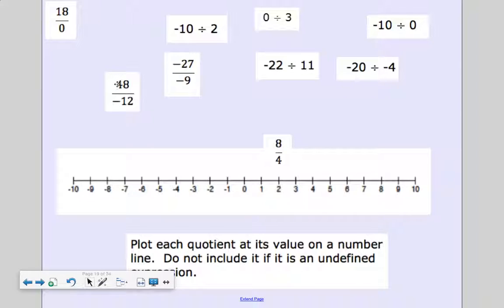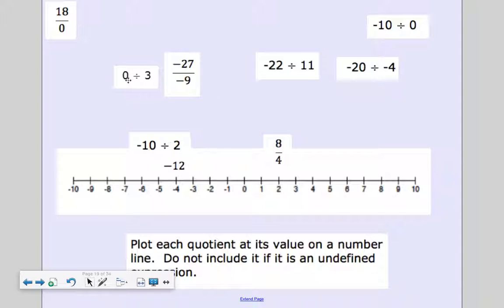I have 48 positives. I'm dividing them into 12 groups. That's 4. Opposite is negative 4. What's negative 10 divided by 2? 10 negatives divided into 2 groups. Each group will get 5 negatives. Or you can see it was the opposite of 5, negative 5. It goes right there. What's 0 divided by 3? If I have 0 positives, 0 anything, I divide into 3 groups.